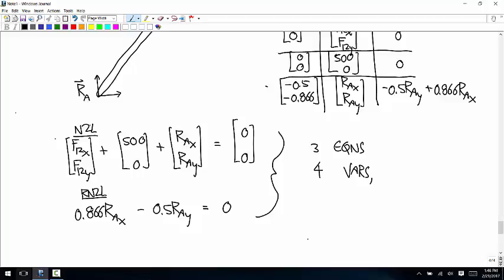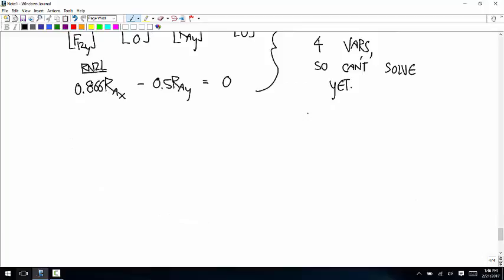So we can't solve it yet. And so now what we have to do in a structures problem is go on to the next body. These are three good equations that are going to be part of our system of equations that we're going to solve at the end.